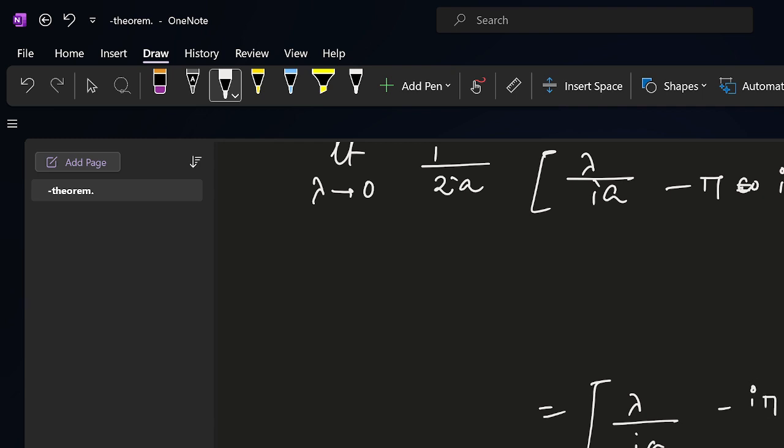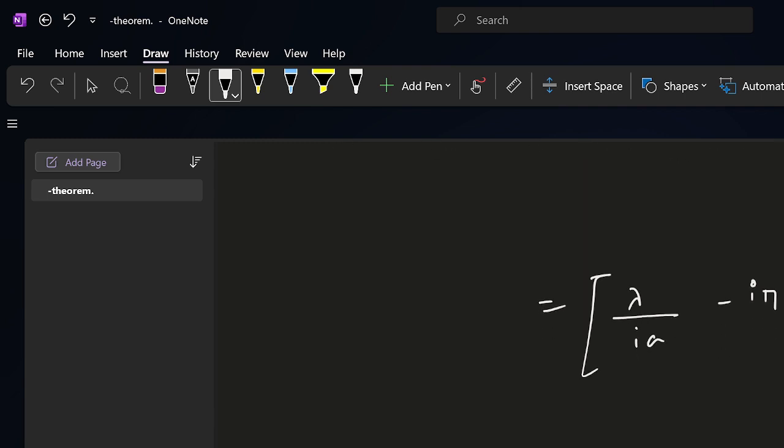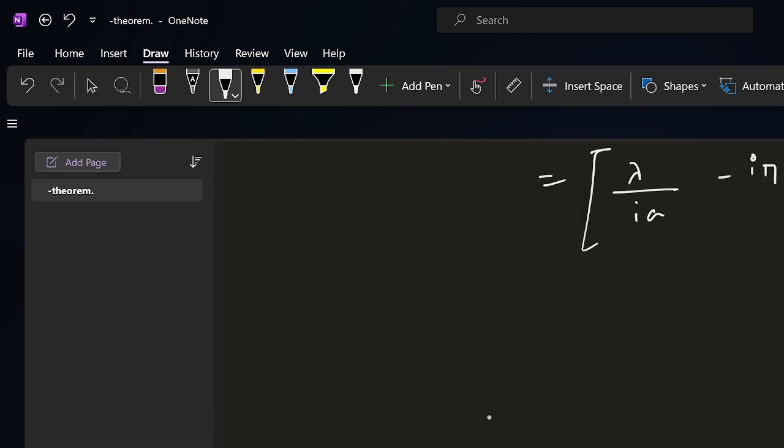You take out minus a pi by lambda common, so it is 1 plus e to the power of 2 pi a by lambda, and again the same in the denominator, minus e to the power of 2 pi a by lambda, so this thing cancels out, and then if you further simplify you get lambda by ia minus i pi.